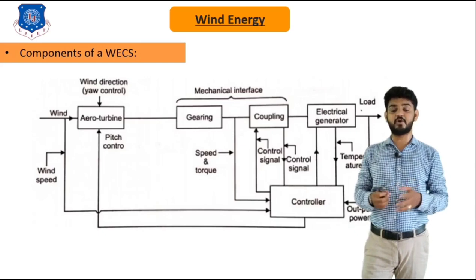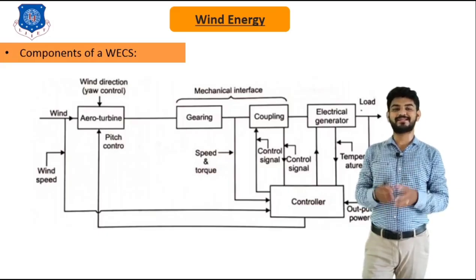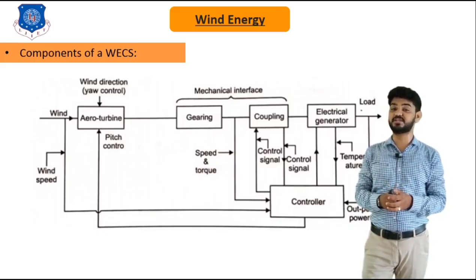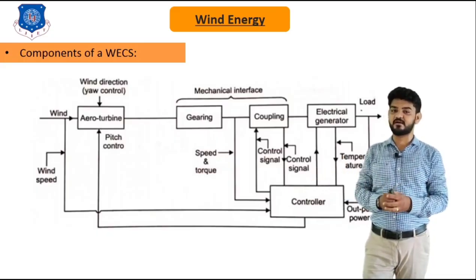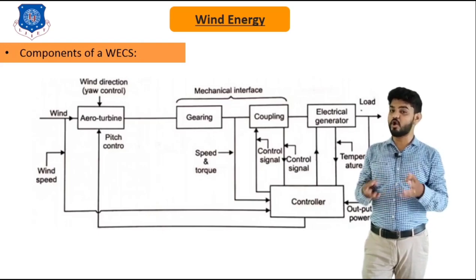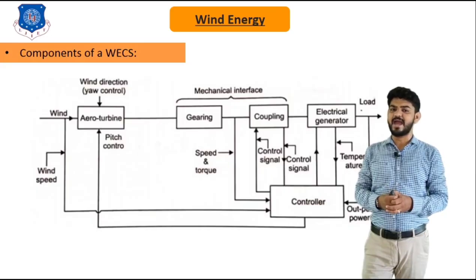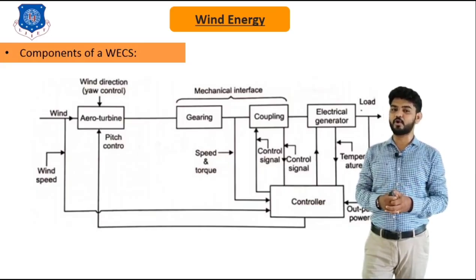It consists of many components, but here I have shown some major and main components that every wind energy conversion system must have. The first component is wind. Of course, wind is the main component, which is followed by the aero turbine. The aero turbine is the largest and bulkiest component of the entire wind energy conversion system, which is followed by the gear assembly.